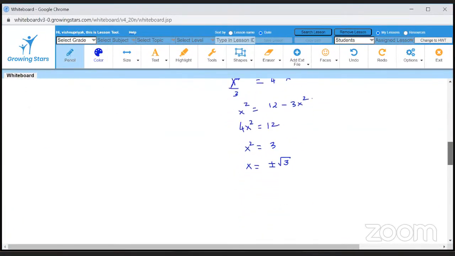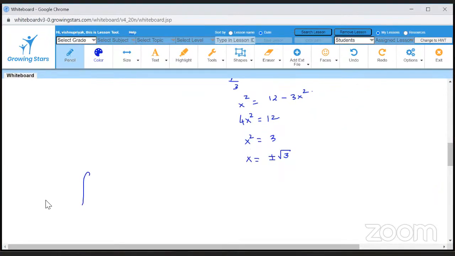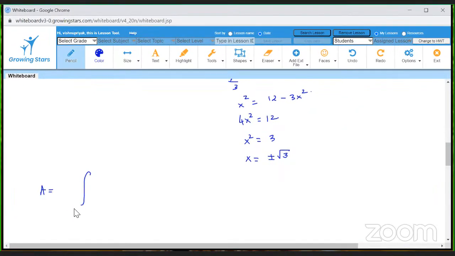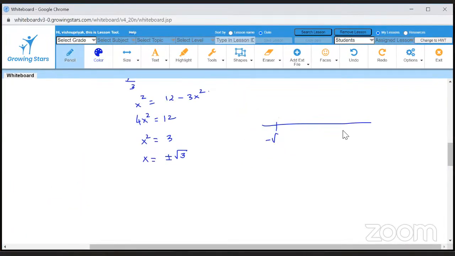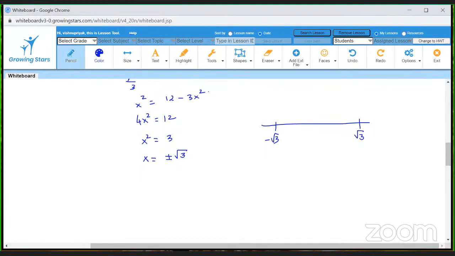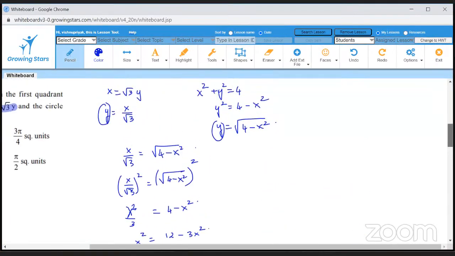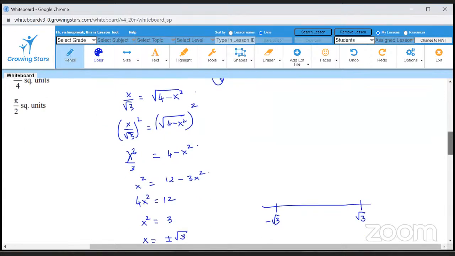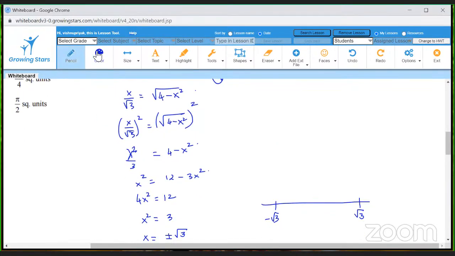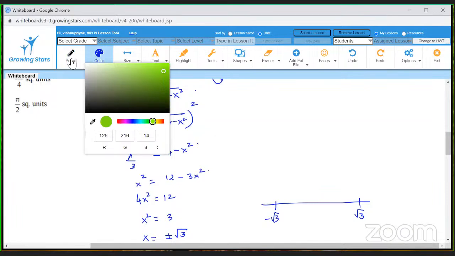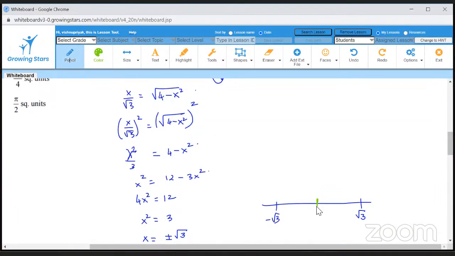So you got the bounds. Integral to find the area, minus root 3 to plus root 3. Now you must know which curve is on the top, which one is in the bottom. For that, you take any number in between. Easy number is 0.